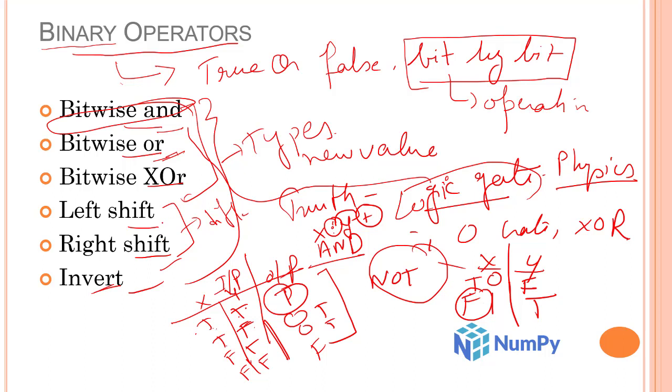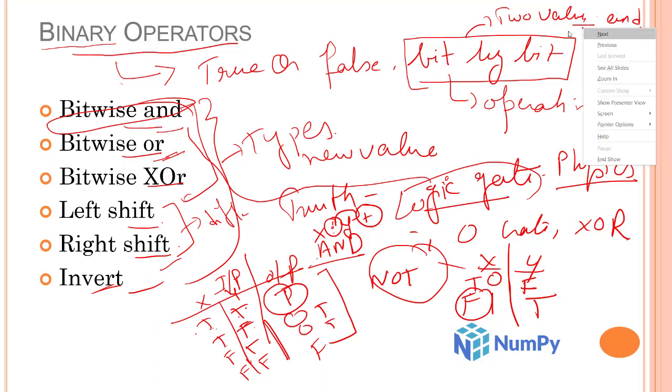Then come the left shift and right shift. These are shifting the values from the left side and from the right side. Remember that AND, bitwise OR, and XOR take two values, because when you perform the operation using the truth table, only then will you get an output.